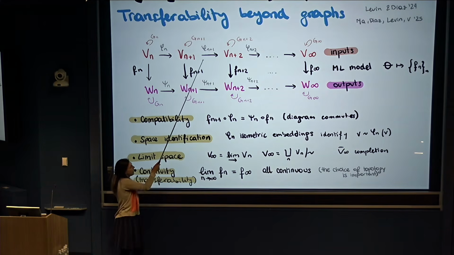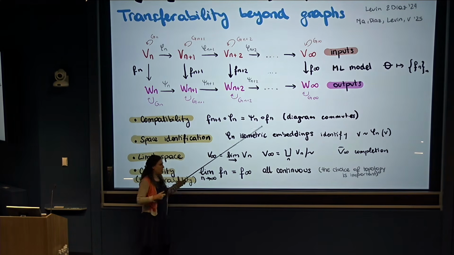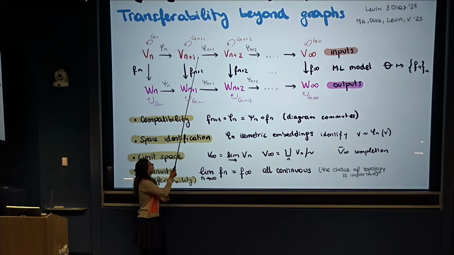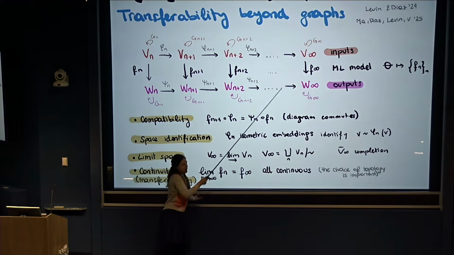So these phi's are embeddings. And then in that sense, you can define an infinite object that includes all the finite dimensional objects inside it. All these finite dimensional objects are identified with some infinite objects inside this space.